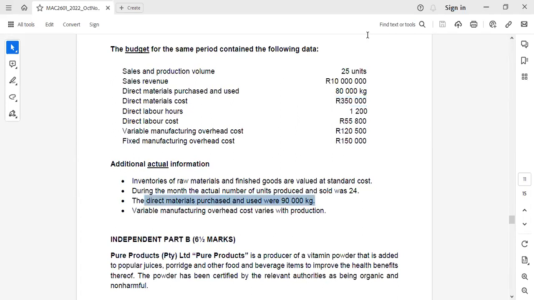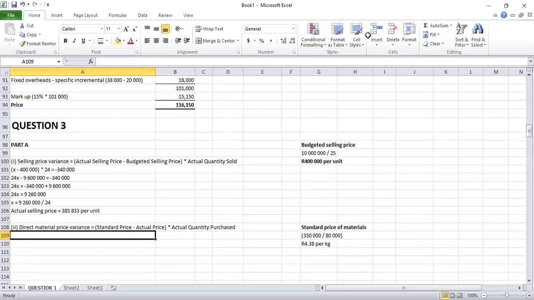So our variance, which we were given and it's favorable, which is 125,000, is equal to the standard price, which we have as 4.38, minus the actual price, which we're looking for, which is X, multiplied by the actual quantity purchased, which is 90,000.